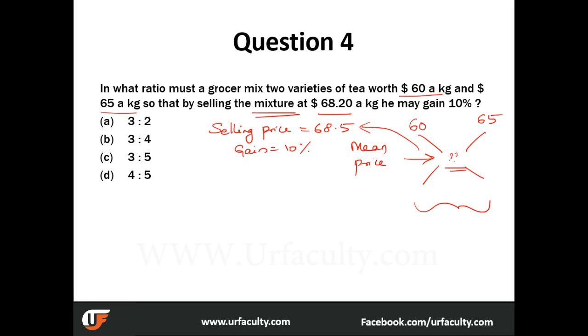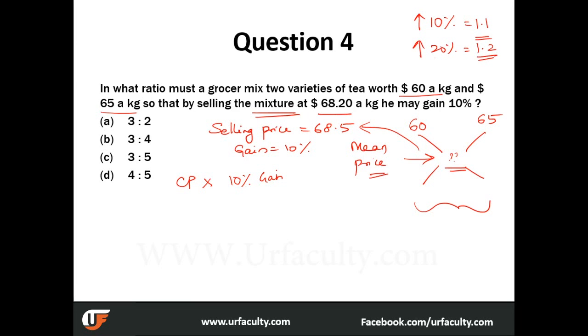So let's look at it in this way. The cost price, which is your mean price, right? Cost price into 10% gain. How do you write it? As I told you earlier, 10% gain is 1.1, right? 20% gain is 1.2. This is just a recap.